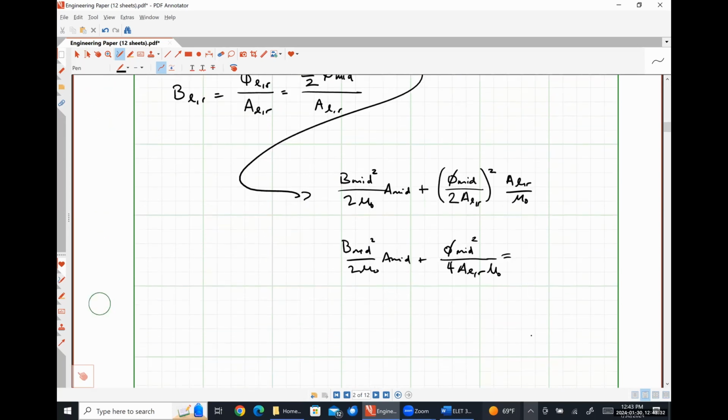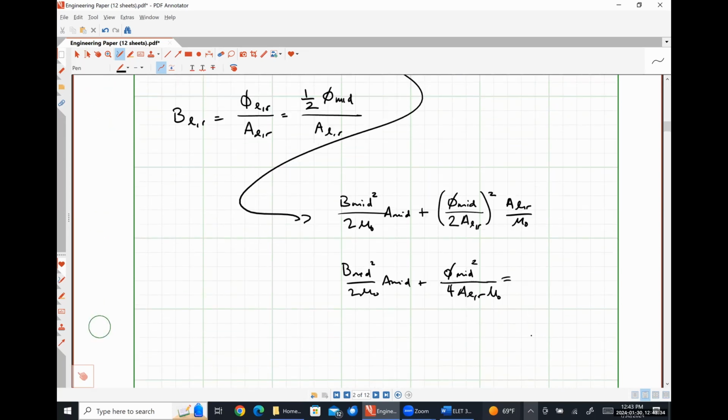Doing everything in terms of meters here, so this mu naught should be 4 pi times 10 to the minus 7. Add that.